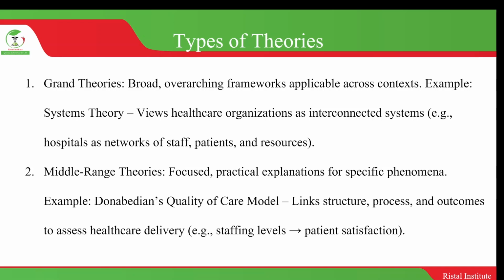And then we come to what we call mid-range theories. These ones are a little bit focused, and they offer explanations for specific scenarios. For example, if we use the Donabedian quality of care model as the example, we can apply this model in situations of assessing quality of care.